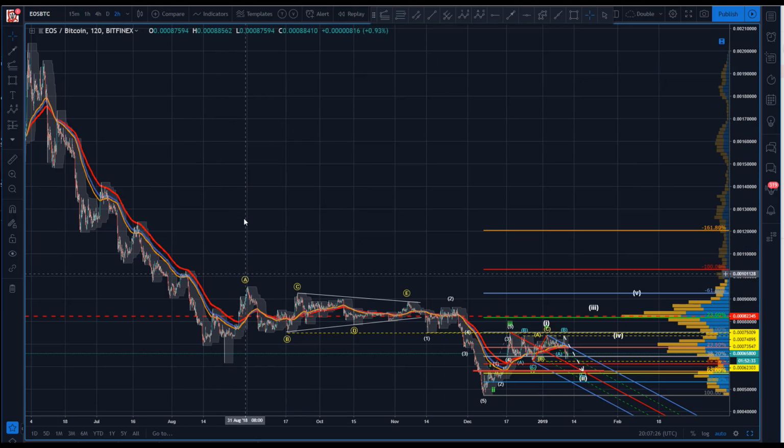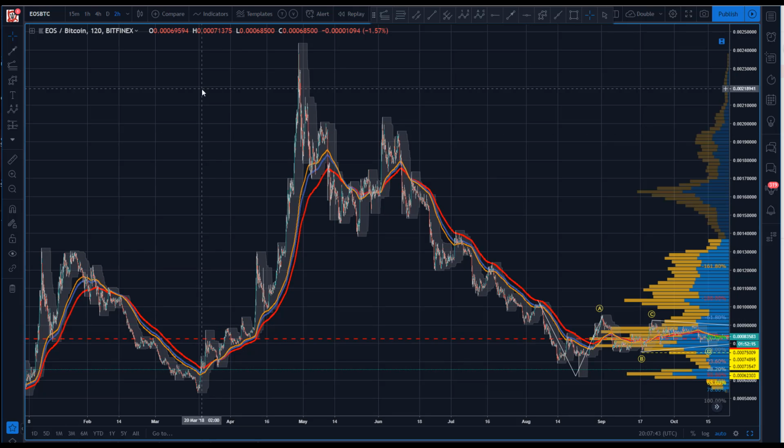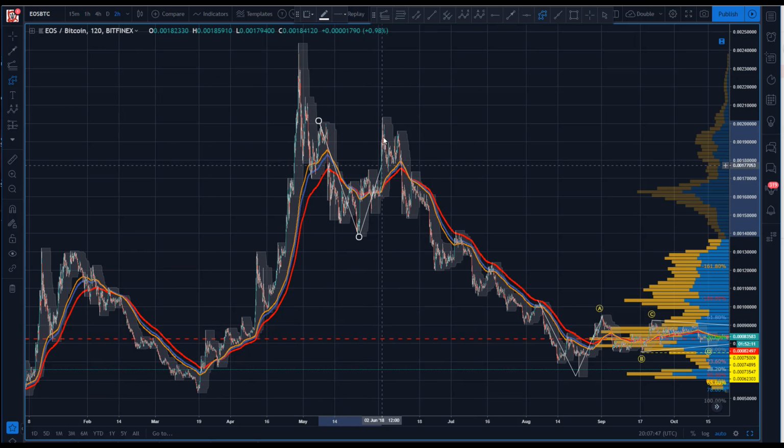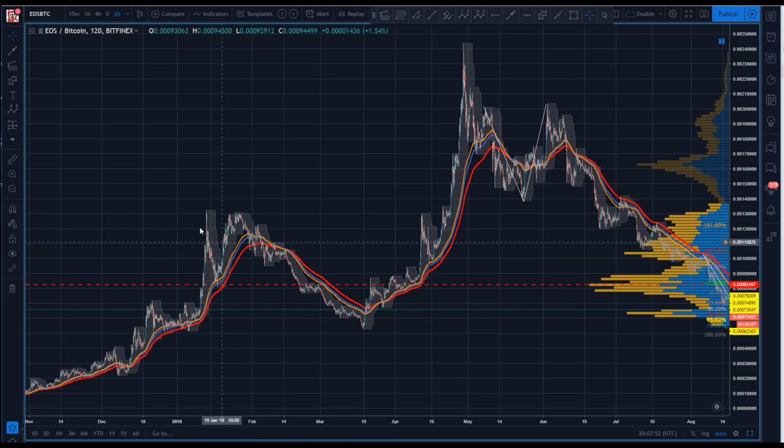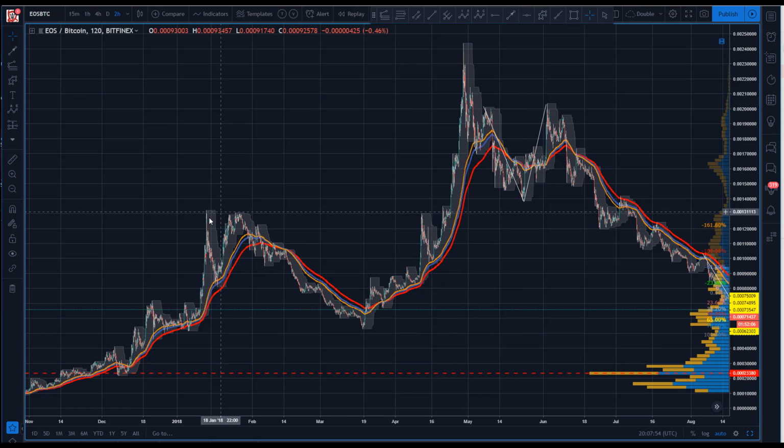What am I missing? Well, of course, the one thing that is very pervasive in EOS are all of these V's. Here's one. All right, we've got this one, and they seem to retrace almost exactly to where they came from. Now this one doesn't make it. But you could call it the same thing, another V. Another V. Look at all of these.